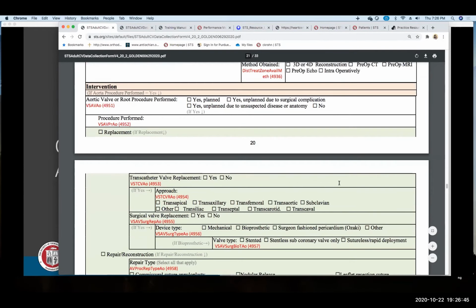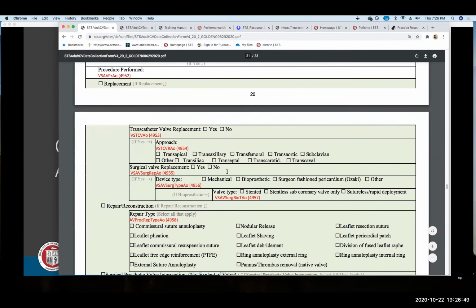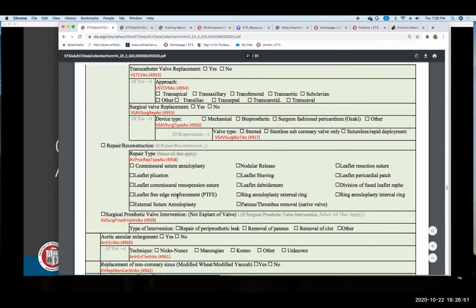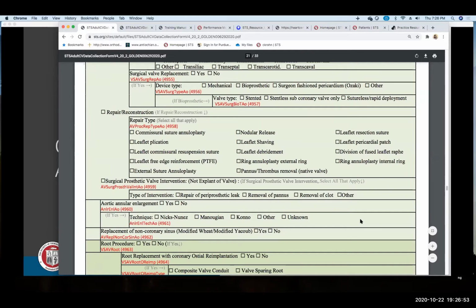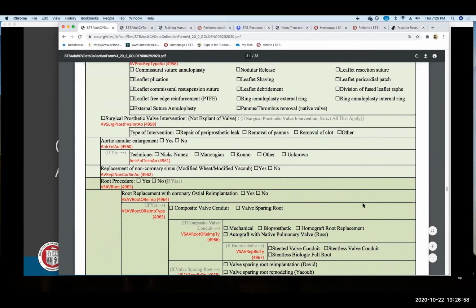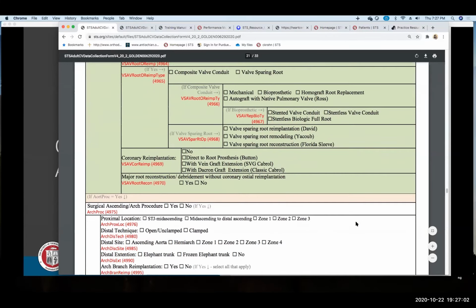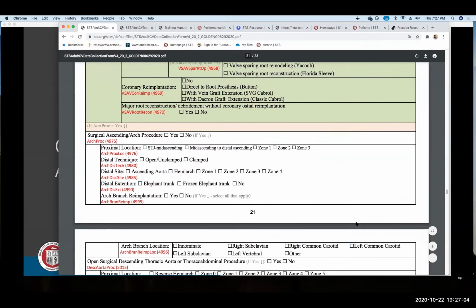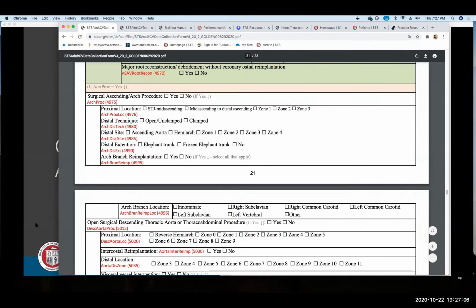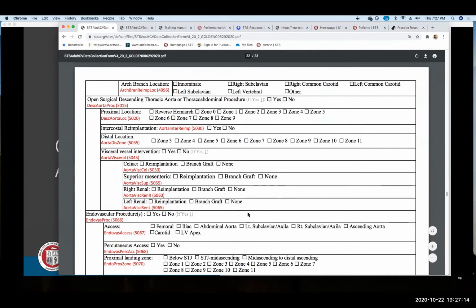And then specific to the intervention, we capture the aortic valve or root procedures here that are done in conjunction, either the root, or it's done with the ascending, or maybe an arch is done as well. We're collecting those here, and then we get into the root and then the ascending arch section and surgical descending thoracic or thoracoabdominal procedures. We have a separate section for the endovascular procedures, which is right here.